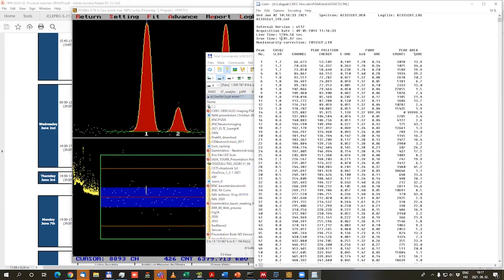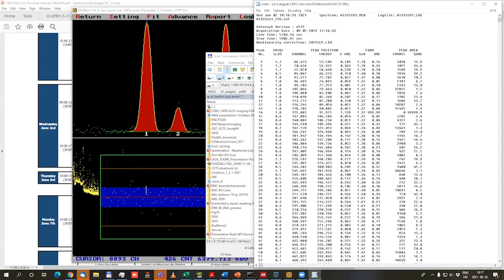This is always slightly smaller than the true time, because in a little fraction of the time, the counting system is busy with processing one event, and it cannot accept another one while it is processing the previous one. So these two times are separately counted and registered.